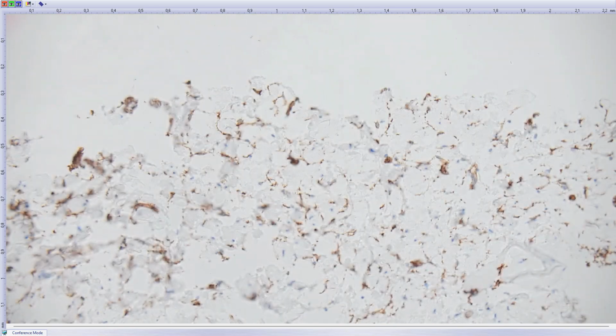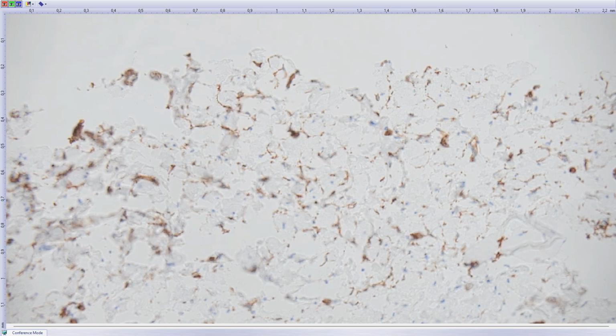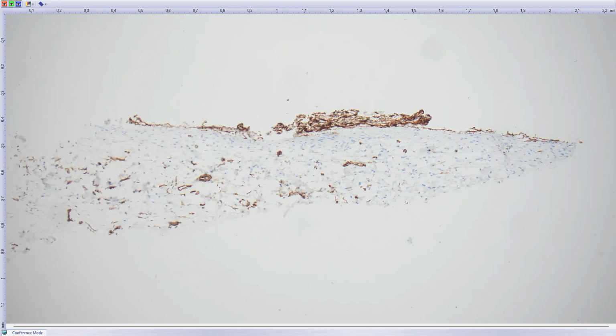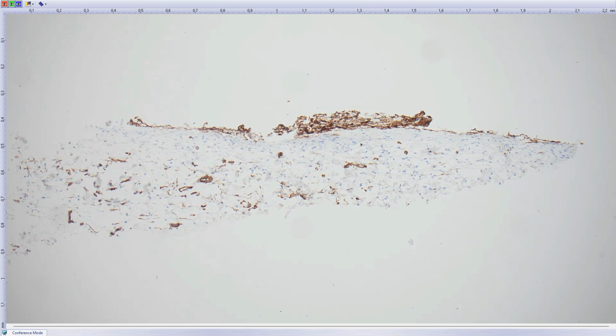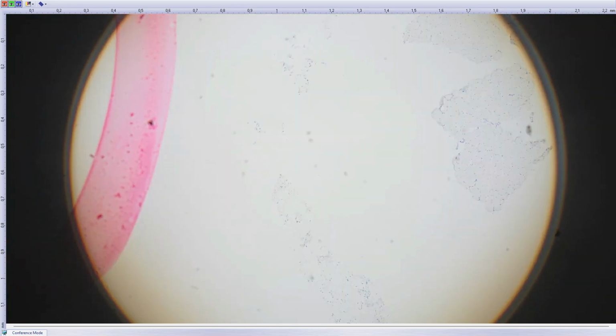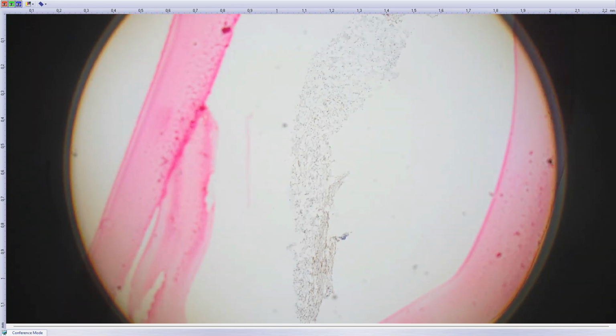So CD34 is not a very specific marker, but it's very good for picking up vascular differentiation, and also it's quite sensitive for many tumors such as dermatofibrosarcoma protuberans, solitary fibrous tumor, superficial CD34 positive fibroblastic tumor, and also it's actually a very good, very sensitive perineurial marker. So whenever you have strong CD34 positivity, especially when it's in those long cytoplasmic processes, think of some perineurial lesion.